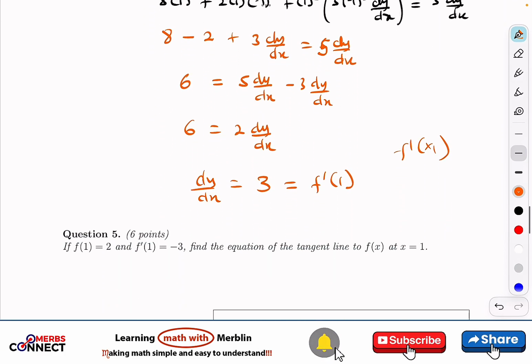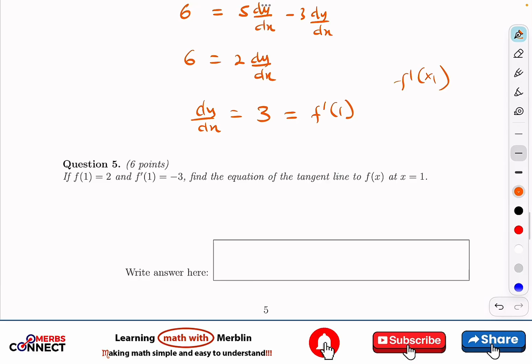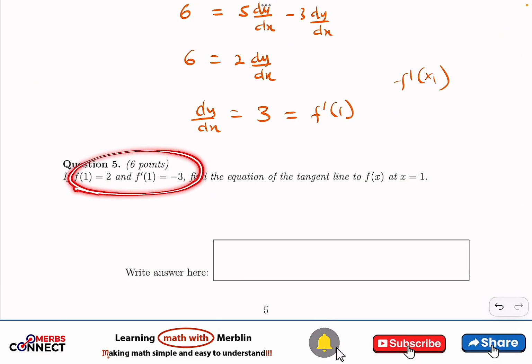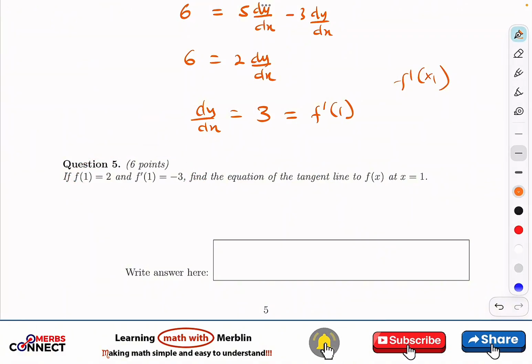So we can use the idea from question 4 to solve question 5. Here the question needs us to write the equation of the tangent, so let me write this one here. This is y minus f of x1, which is equal to f prime of x1 times x minus x1.